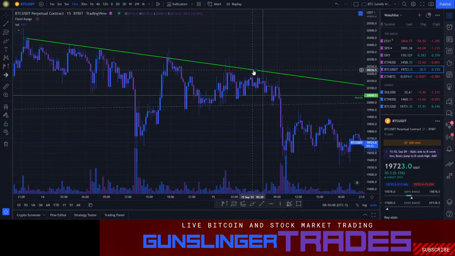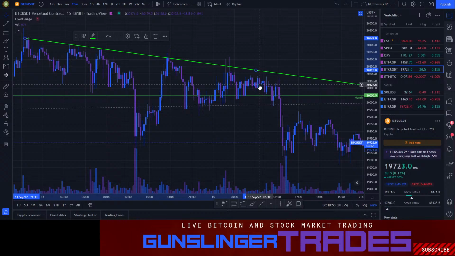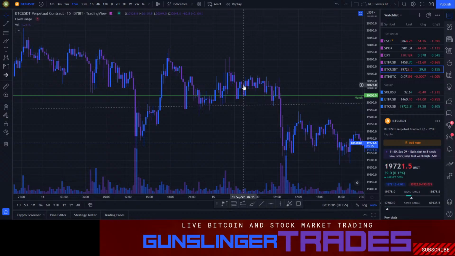Oh well. I was waiting for a better high probability setup compared to just forcing a trade. If I had forced a trade, I would have been holding a trade potentially underwater, and it wouldn't have been high probability. So what I'm trying to say is look for those high probability setups.